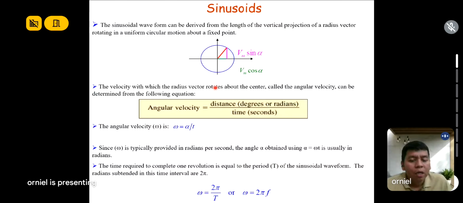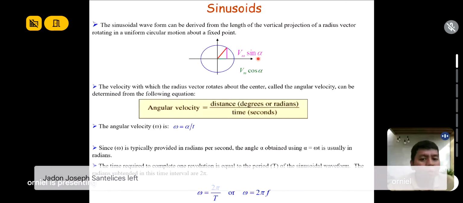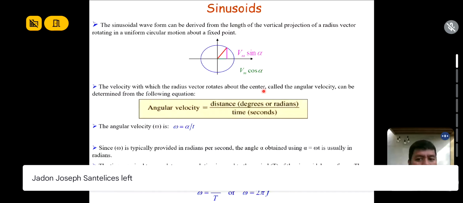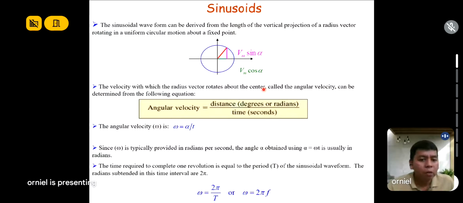Basically, we have Vm sine alpha and at the same time Vm cosine alpha. As you can see, the adjacent side is the Vm cosine. It all comes back from trigonometry before. Do not worry about this vector, we will discuss it later on.